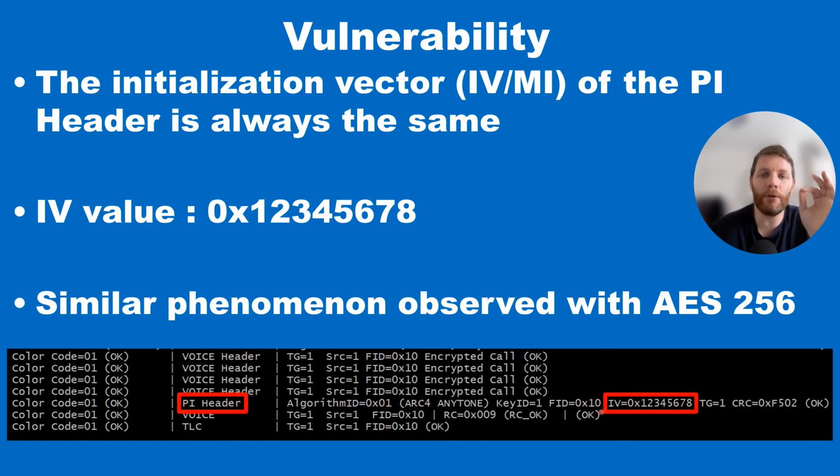This is exactly the same if you use ARC4 encryption on AnyTone or AES 256. AnyTone implements this encryption algorithm with always the same IV when a voice transmission starts. So this is always this IV. Don't hesitate to make your own test using DSD.